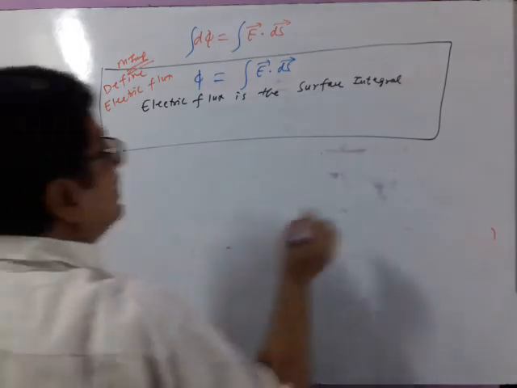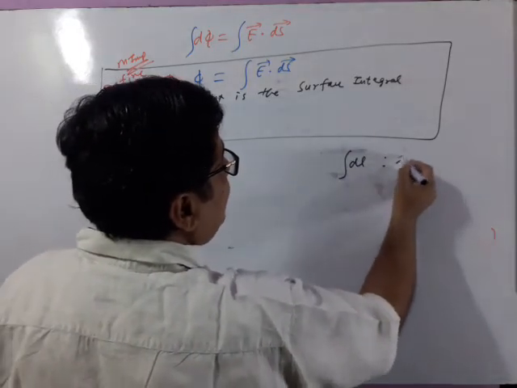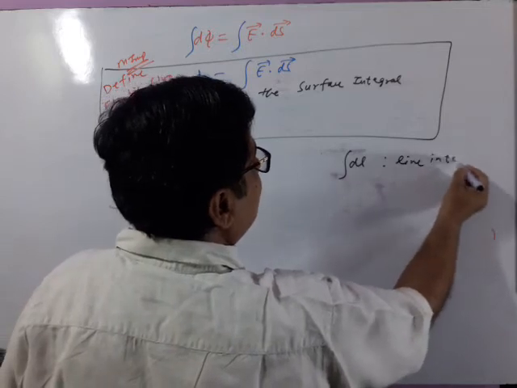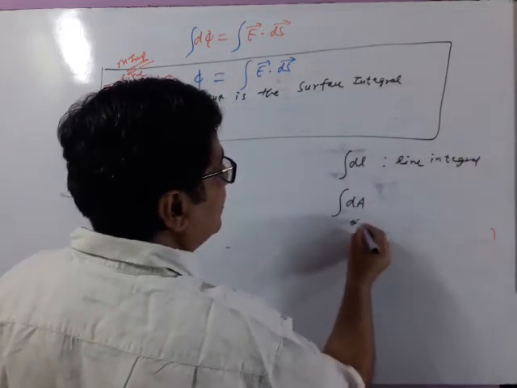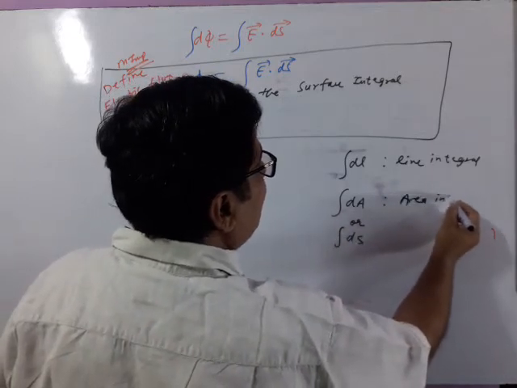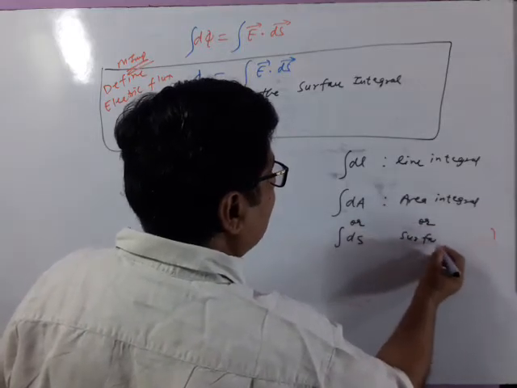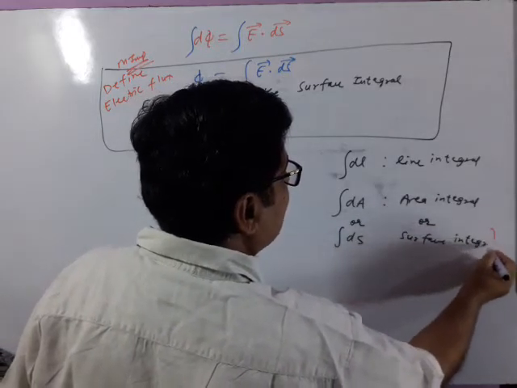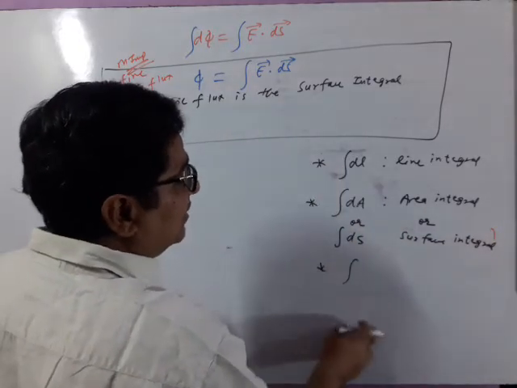You know, three types of integrations exist. This is called a line integral. This is called dA or dS, area integral, or we call it surface integral. In physics, you deal with three types of integrations.